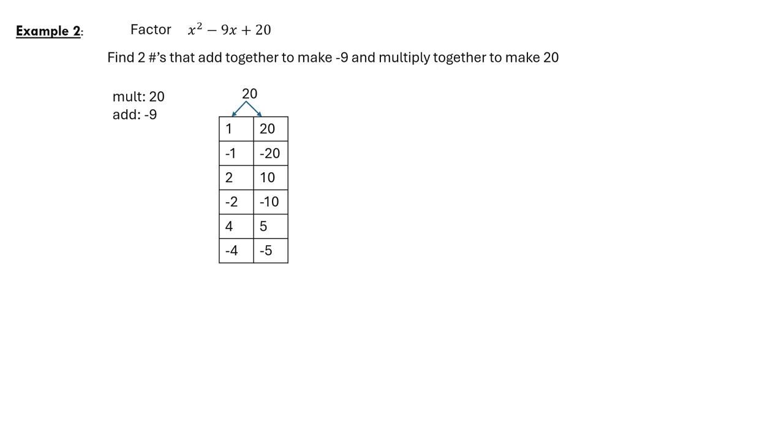These are 1 and 20, negative 1 and 20, 2 and 10, negative 2 and negative 10, 4 and 5, negative 4 and negative 5. All of these pairs will multiply together to make 20. Only one of these pairs will add together to make negative 9, and that's the last pair right here. These are the numbers that we're interested in, so our result will be x minus 4, x minus 5.